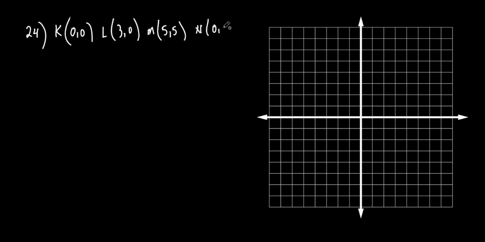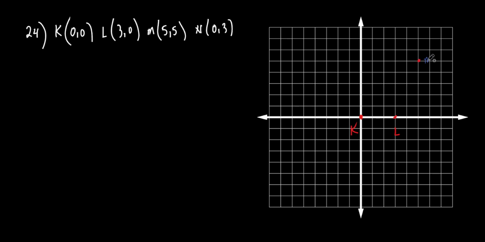Okay. All right, so let's mark it on this. 0, 0, and I'll put the letters in here. That's K. And then L is 3, 0: 1, 2, 3. That's L. And then 5, 5: 3, 4, 5, 1, 2, 3, 4, 5 right here.